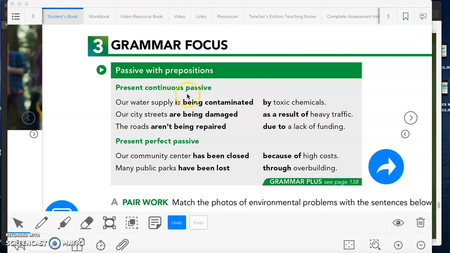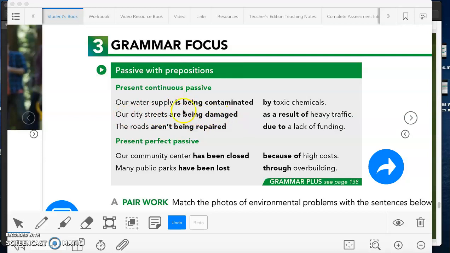Okay, so as you can see, we are using the present continuous. We are using here first the verb to be, is, because it is singular, third person. Our water supply is, so it is being contaminated. Our city streets, this is plural, so we say are. Our city streets are being damaged.